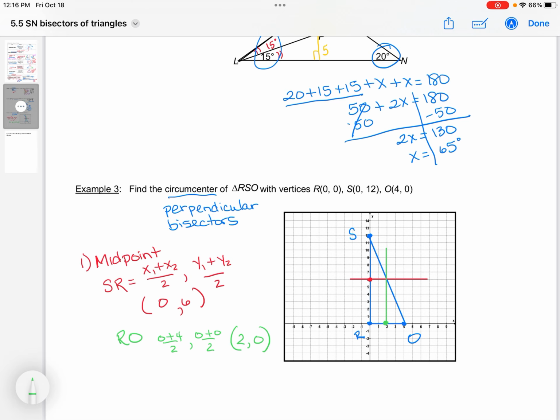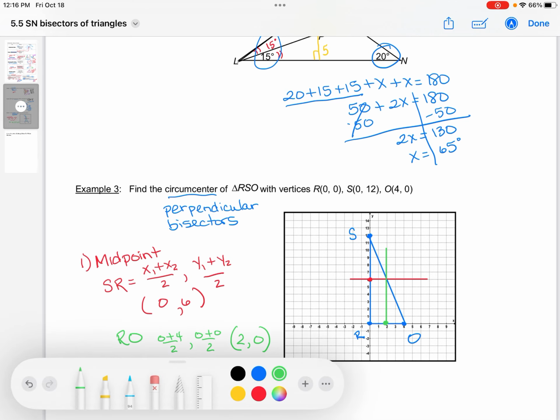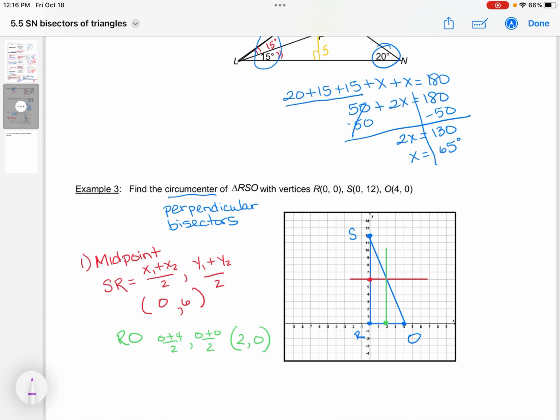But just to make sure, let's do our last line, which is SO. So this one, well, it's still got some zeros. So for my x value, we're going to have 4 plus 0 divided by 2. And then we're going to have 0 plus 12 divided by 2. So the midpoint of SO is going to be 2, comma, 6.